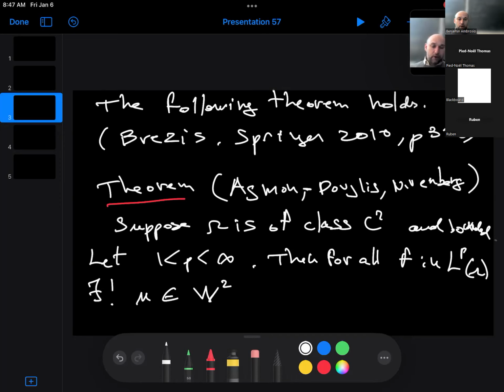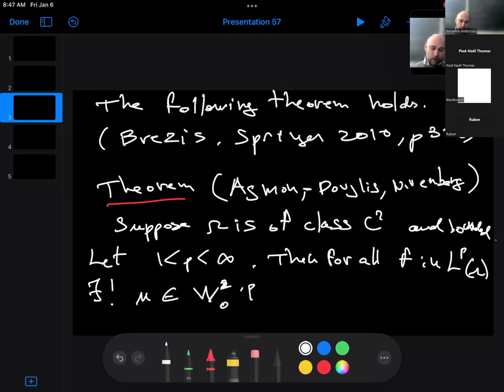So you go up to the second derivatives, and they are in LP. So all the functions and their derivatives up to order 2 are in LP, and this is Dirichlet.